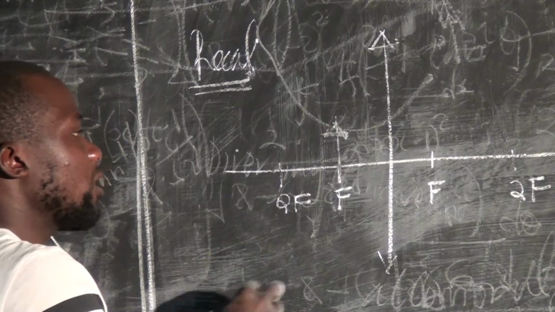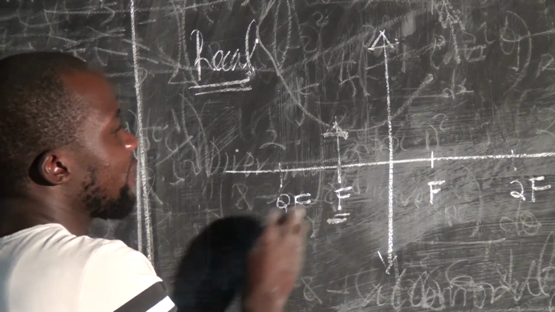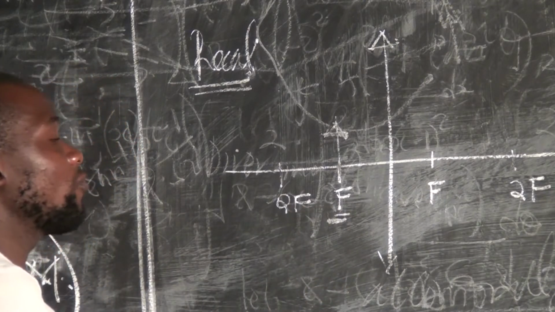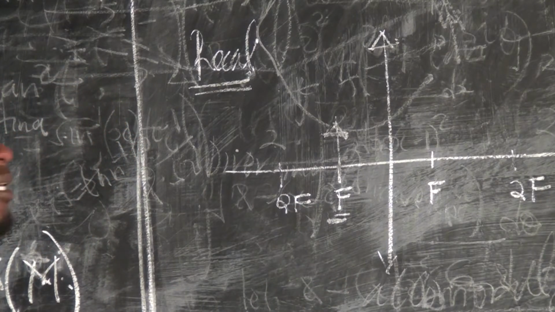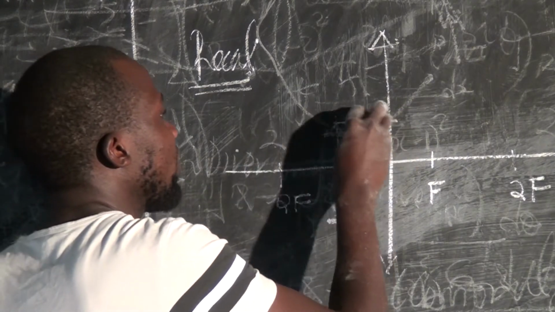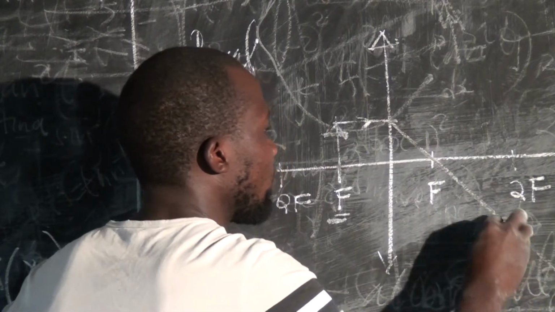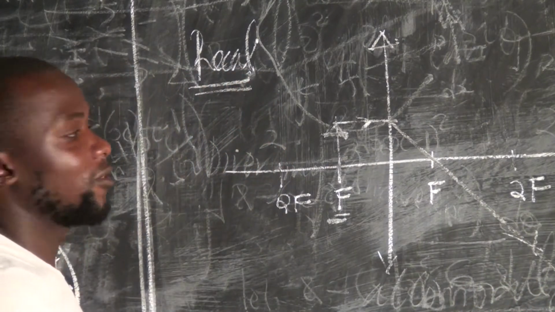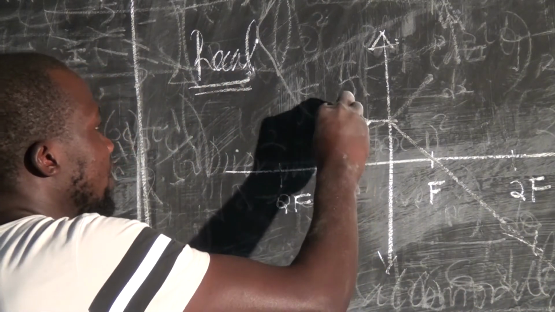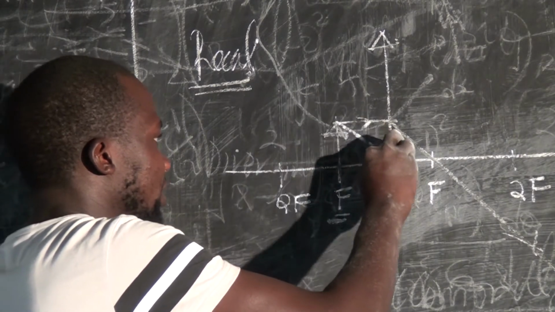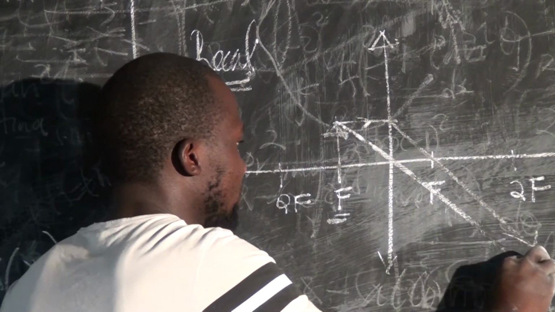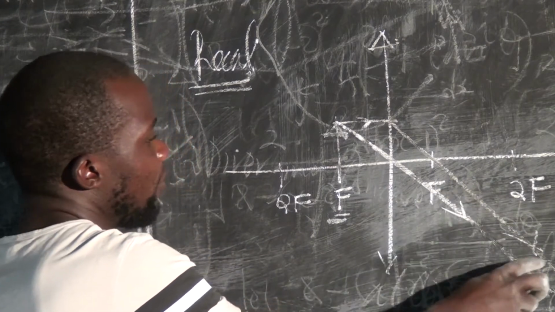You will always put your object at F if you want your image to be formed at infinity, because light will be coming from that incident on the lens, and then let it go through F. And then let us have some other light from that. See, these other lines will be parallel.